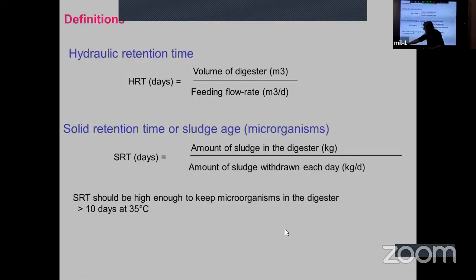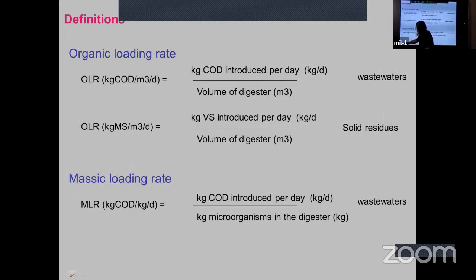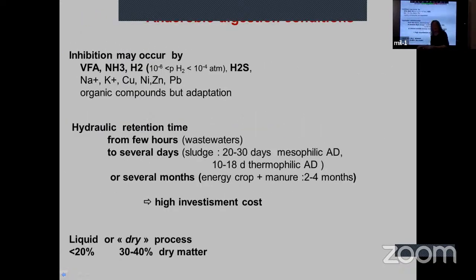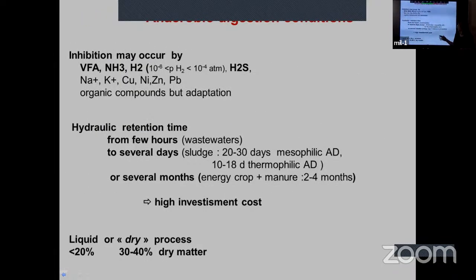We also make the differentiation between liquid processes, where the total solids are lower than 20%, and dry processes, or high solid content processes, with dry matter of 20 to 40%.